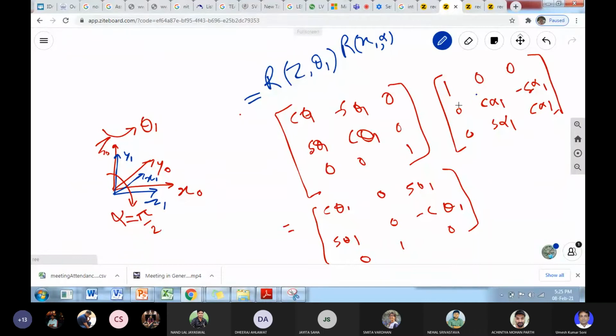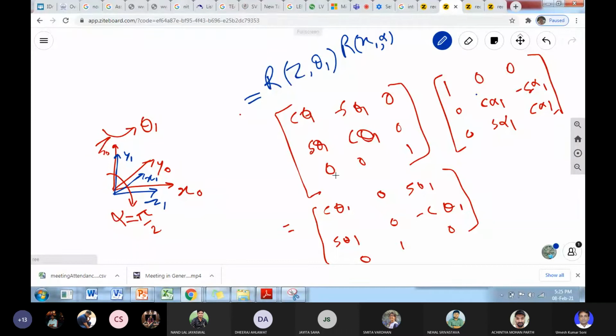So along the x axis, the rotation is alpha. Suppose we are representing joint 1, so alpha 1: cos alpha 1, minus sin alpha 1, sin alpha 1, cos alpha 1, 1. So cos alpha 1 means cos pi by 2, that is 0, minus 1, 1, 0 and 1.